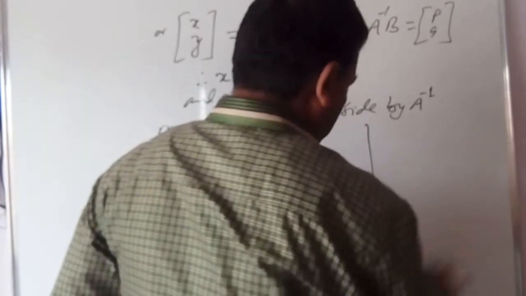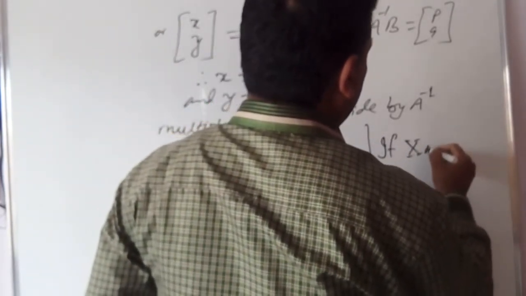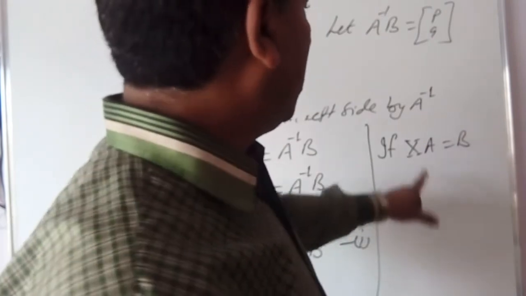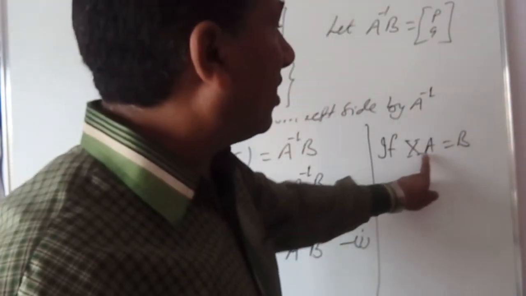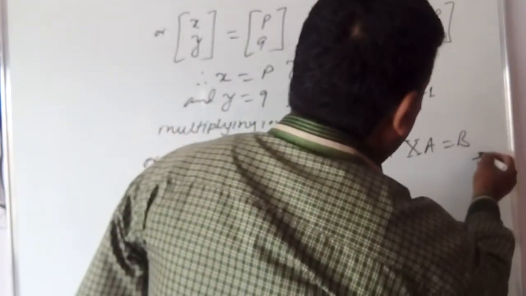Now in some questions you would find this one: if the matrix equation is in the form XA equals B, then A is on the right-hand side of X, so we have to multiply from here.